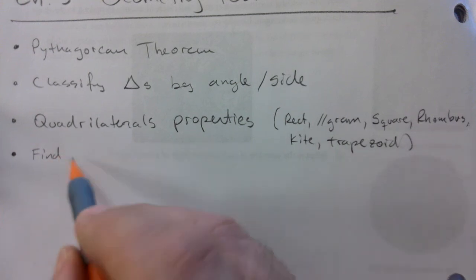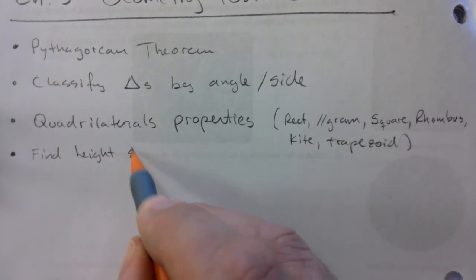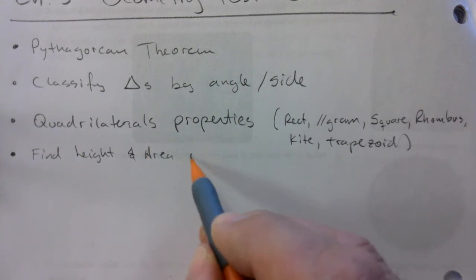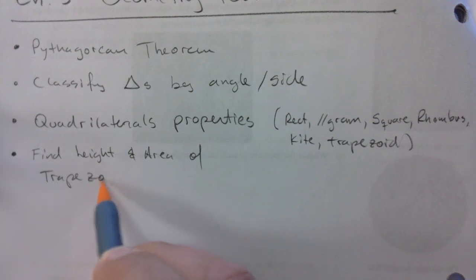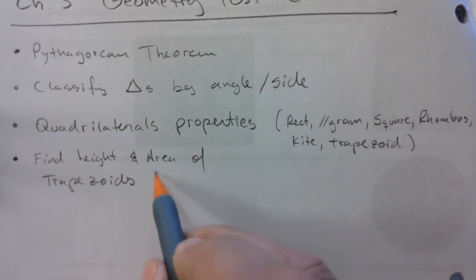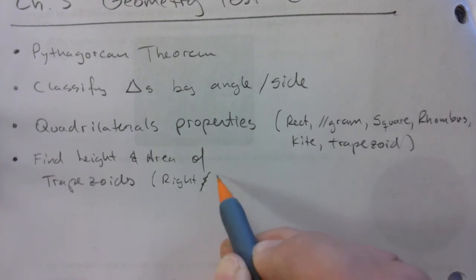Find height and area of trapezoids. Right? You have the right and isosceles.